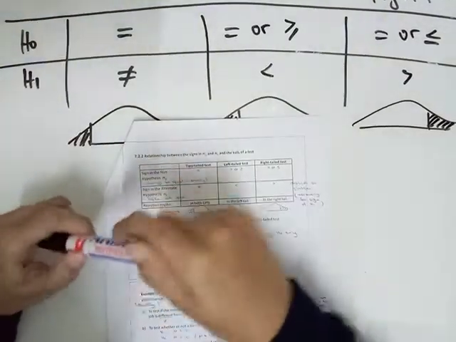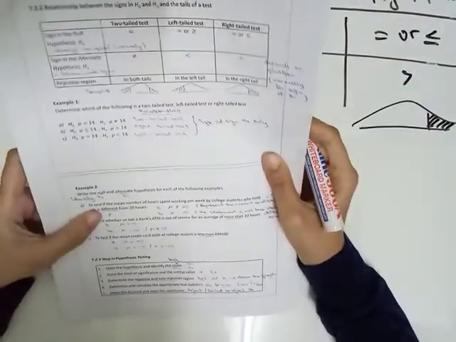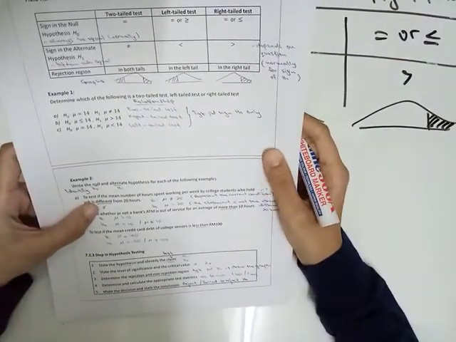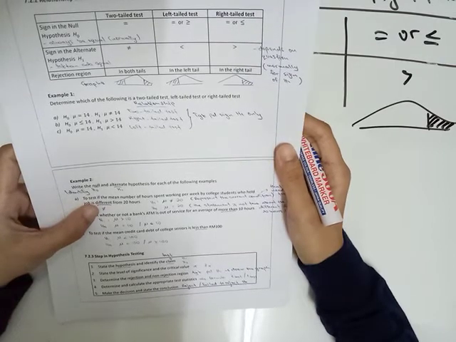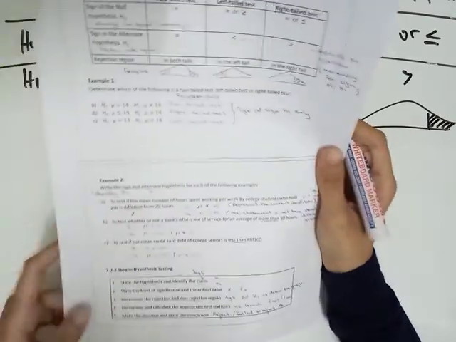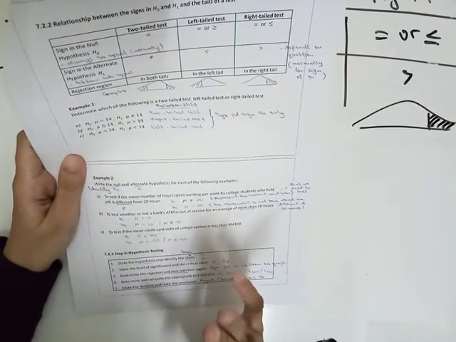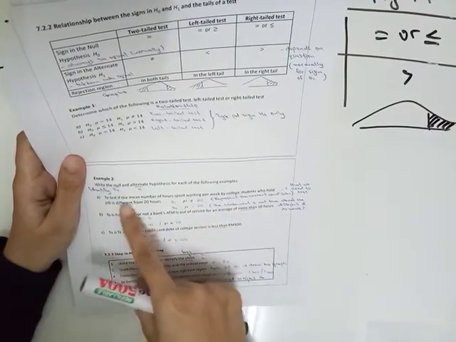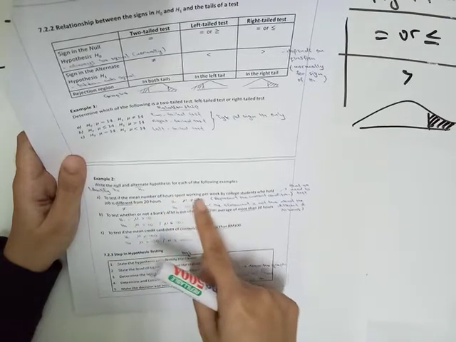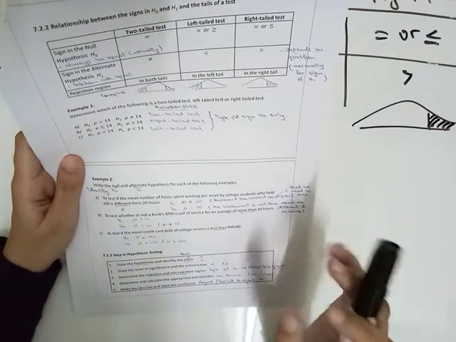So this is how we know whether we want to test H0 or H1. Look at example 2. For A, to test if the mean number of hours spent working per week by college students who hold a job is different from 20 hours. From this statement, what keyword do you see?